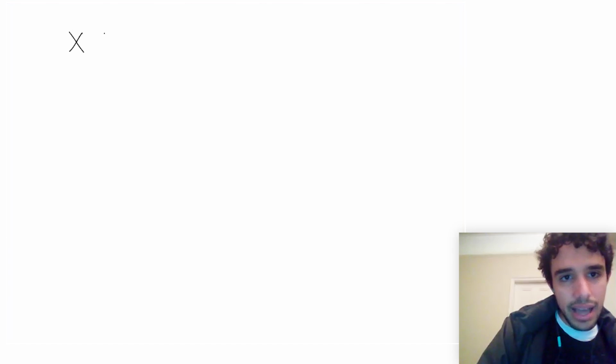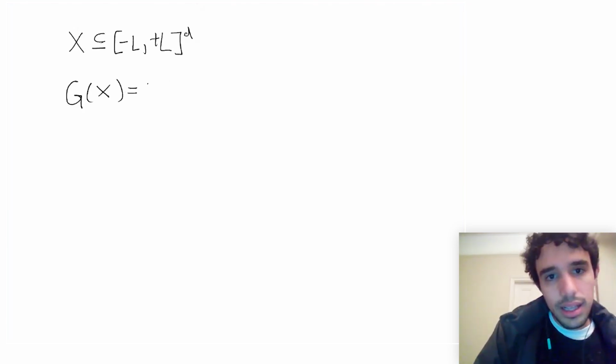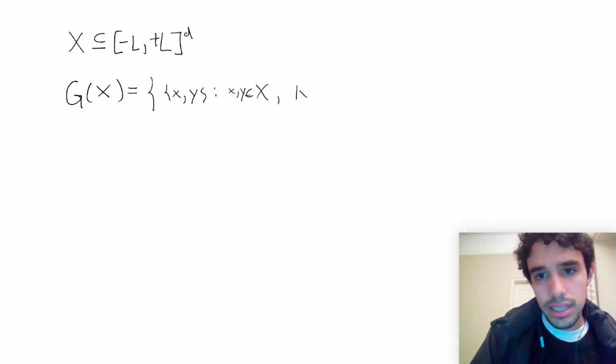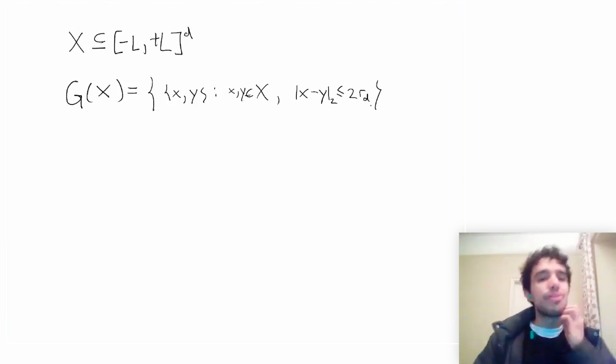The reason is that if you take any subset X of your box, let's say a finite subset, then you can define the following graph, G_X. We define this graph as the pairs xy such that they are both in X, and the distance between them is at most 2R_d.